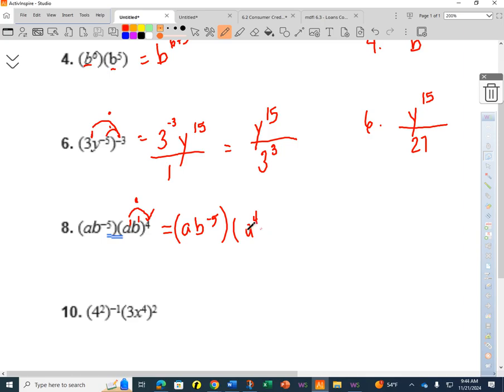That's right. All right, so now, remember these parentheses, they're grouping symbols, so it doesn't really matter. This is a times b to the negative 5 times a to the 4th times b to the 4th. We could rearrange them, and we did that when we first learned how to do it. But really all I need to know is it's going to be a times a, like base times like base, and b times b, like base times like base. So remember, what is the exponent on the a?